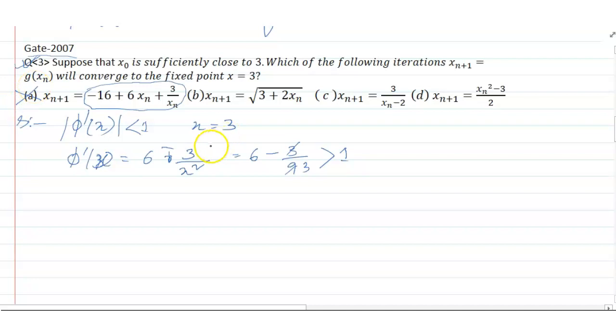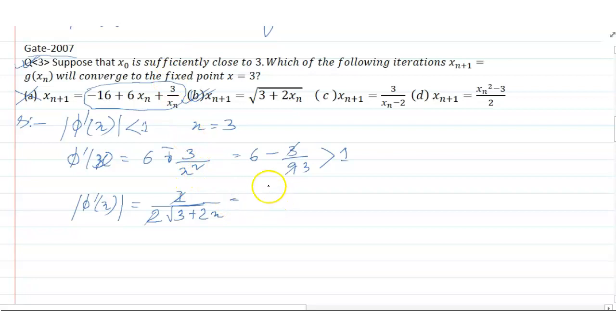Now I will check the second option, that the mod of phi dash x equals 1 by 2 times root of (3 plus 2x), and 2 is also multiplied here, so the 2 cancels.